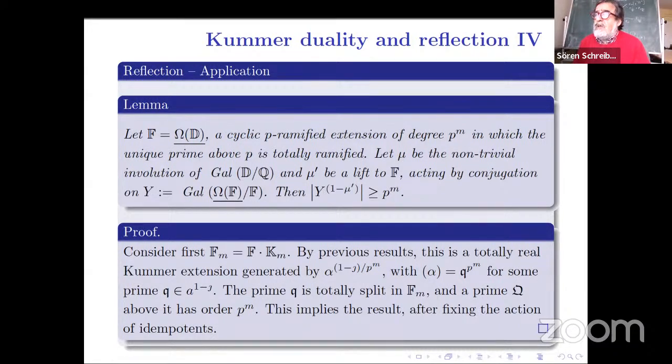And then I said that Q is in Fm totally split. And then if I take a prime capital Q above small q in Fm, it will have order p to the m. So this will generate then again by reflection a further extension, which we do not know yet at this point a priori if it is totally ramified or unramified or what it is, but we will find out soon.